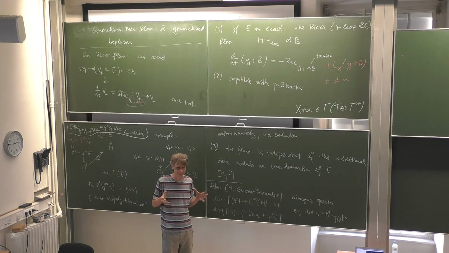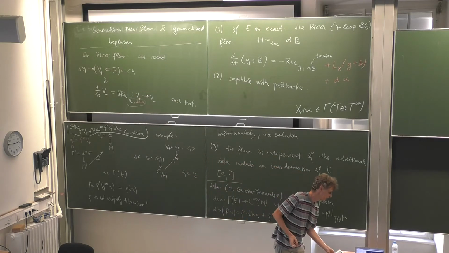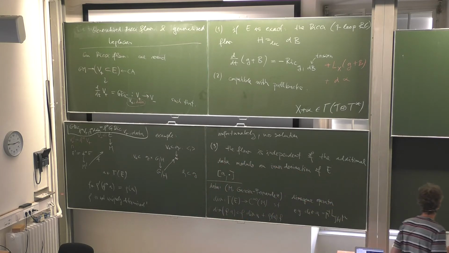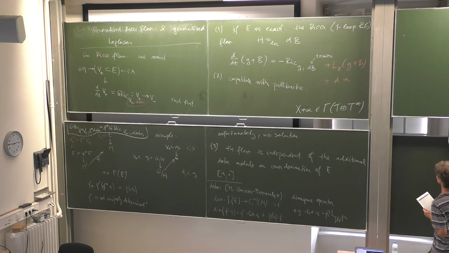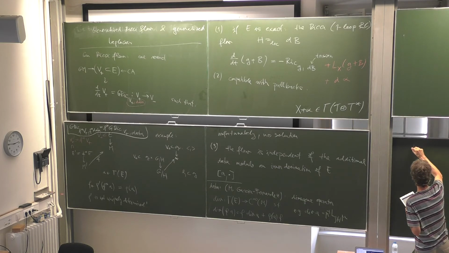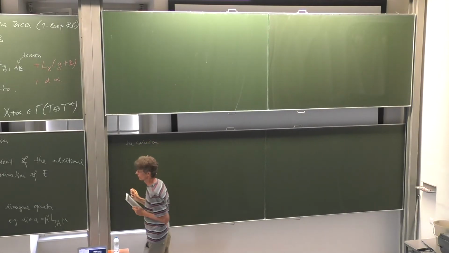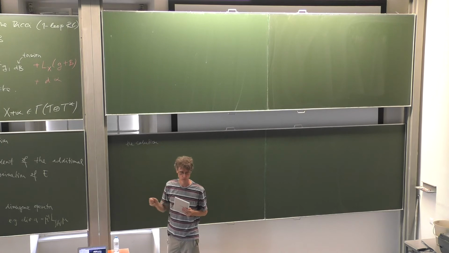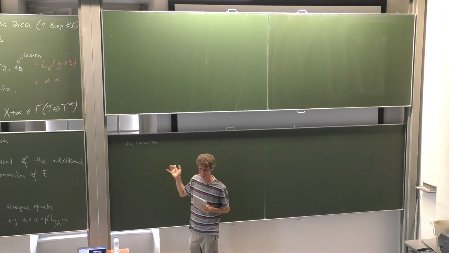Now, so what is the solution? Let me write down the solution of the problem. First I will write it for the case, to delay slightly this final revelation, when the Courant algebroid is just a Lie algebra, so when M is a point.